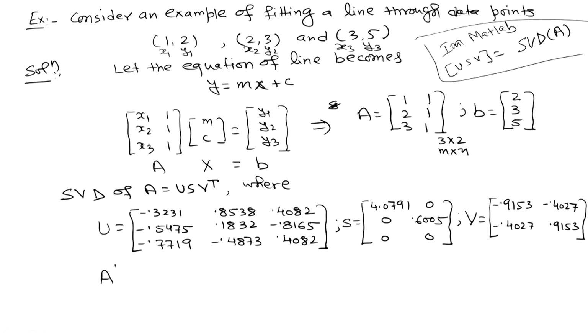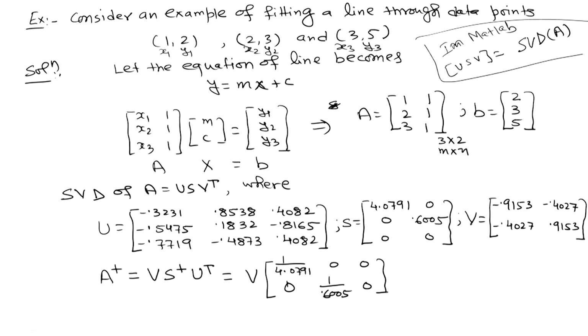Now my pseudo inverse of A will become A plus, which is V S plus U transpose. Here V will be this matrix, S plus will now be a 2 by 3 matrix: 1 upon 4.0791, 0, 0; 0, 1 upon 0.6005, 0; into U transpose.